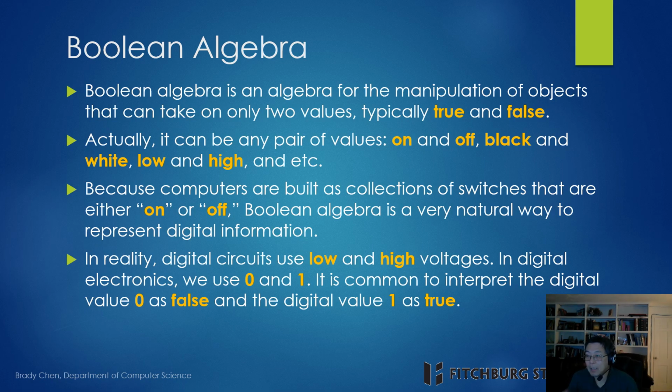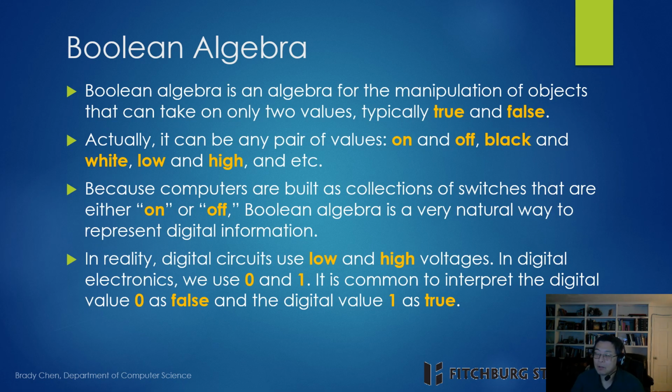So now in reality, the components used to build the computer systems are called digital circuits, and digital circuits use low and high voltages. So each signal can be sent either as a low or high voltage. In digital electronics, we typically use the binary numbers, two numbers.